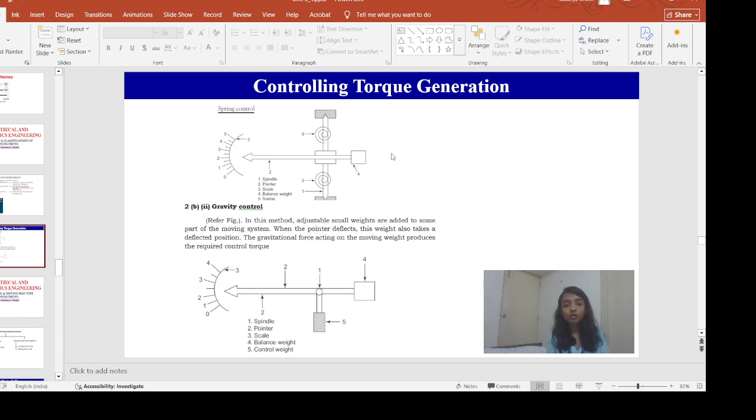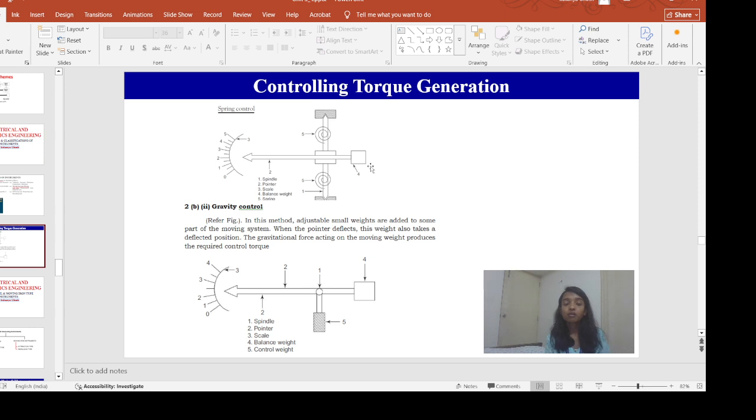So this restoring force F is directly proportional to the displacement, or we can write F equals Kx, where K is the spring constant. This happens during the linear motion. But when I am twisting a spring, what will happen? The angular torque acting on the spring is directly proportional to the angular deflection.